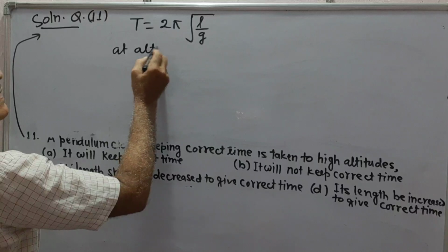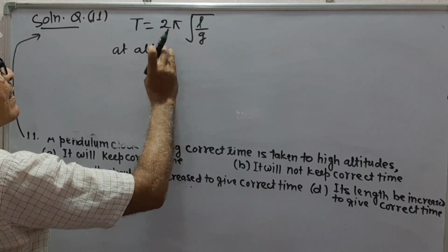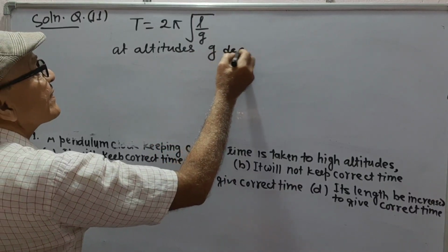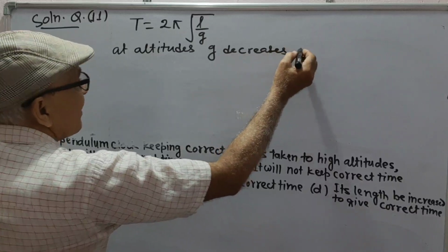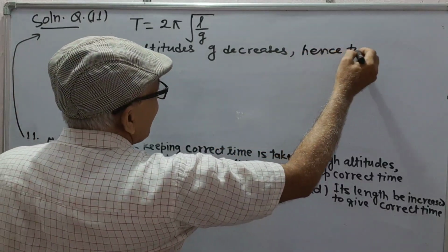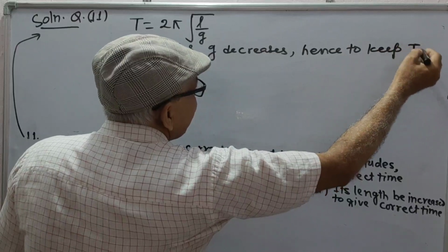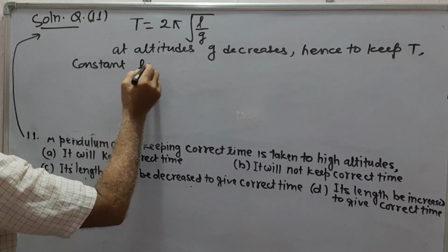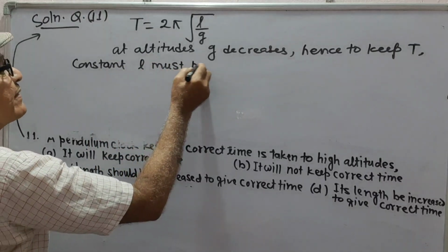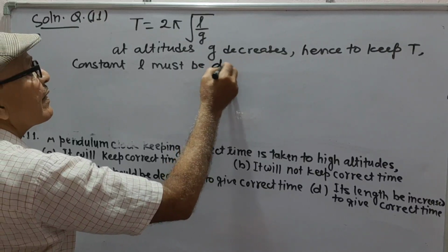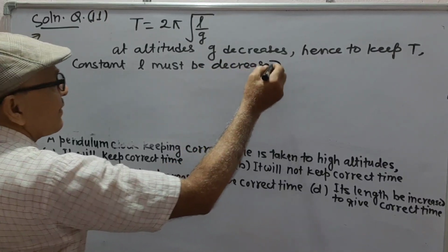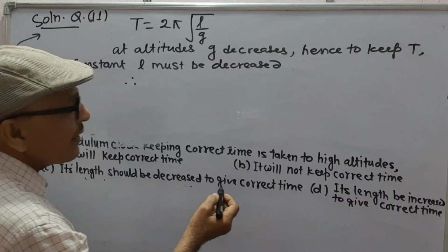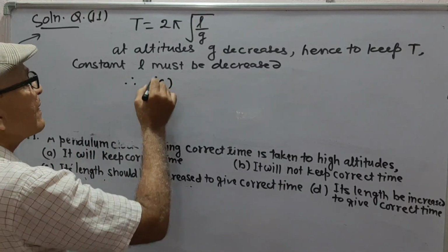At altitudes, g decreases, hence to keep T constant, L must be decreased, hence correct option is C. Yes, C is the correct option.